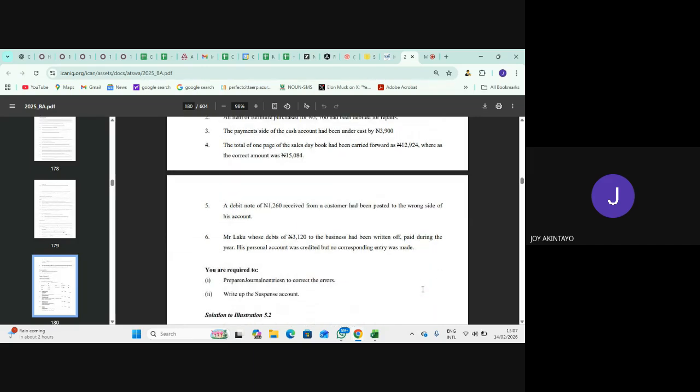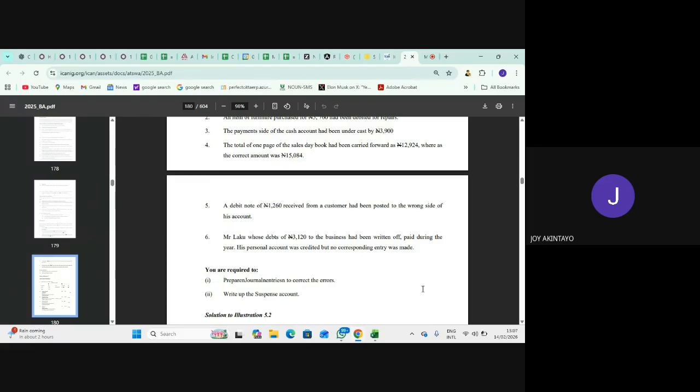Then the last one is that Mr. Laku, whose debt of 3,120 to the business had been written off, being a receivable, we've already credited his account with 3,120. But the man later paid us his money. His personal account was credited, but no corresponding entry was made.